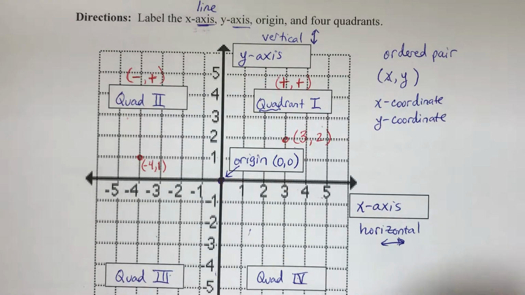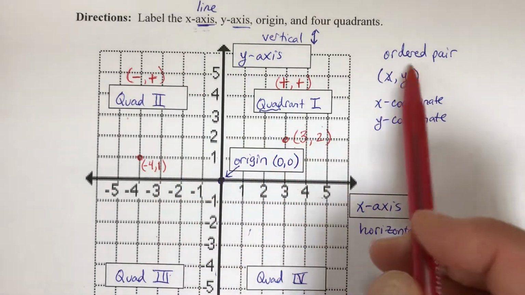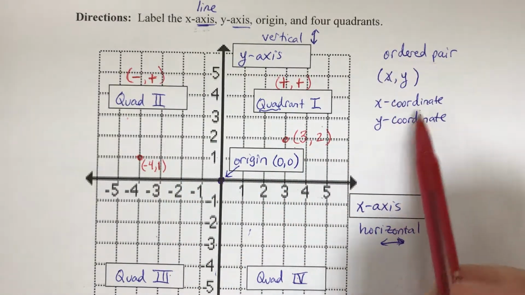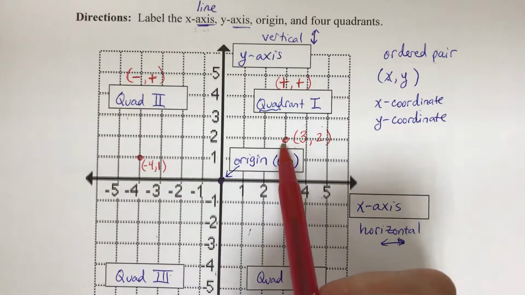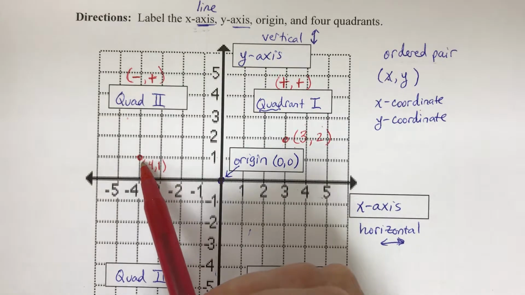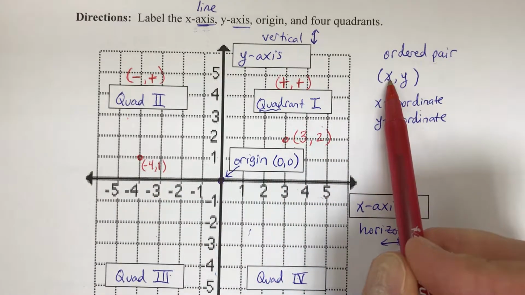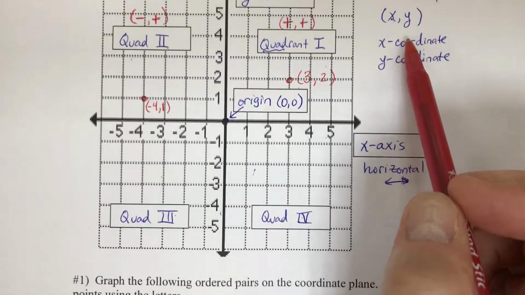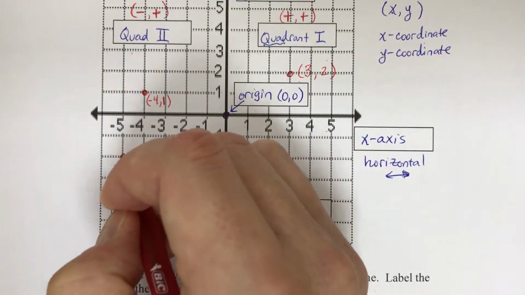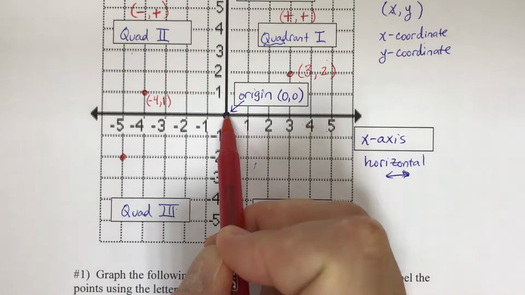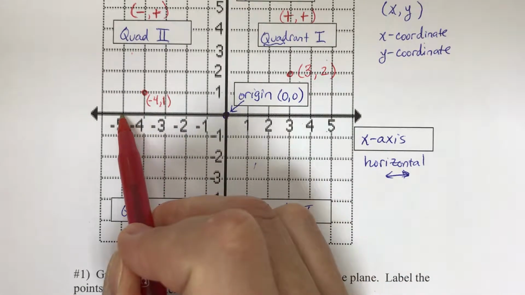Negative and positive. Now, I say ordered pair, I say x coordinate, y coordinate. A lot of times we just talk about points. These are points. Well, a point always has an x value and a y value. In the third quadrant, if I am, let's say here, from 0, 0, we would go left first. x is always first.